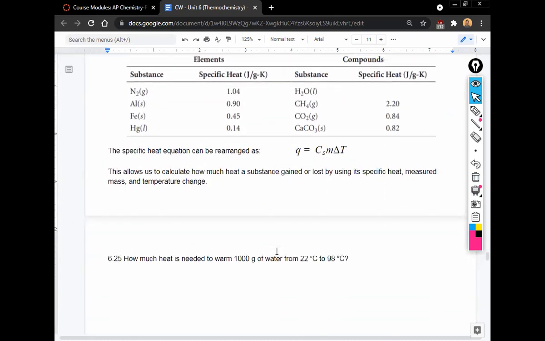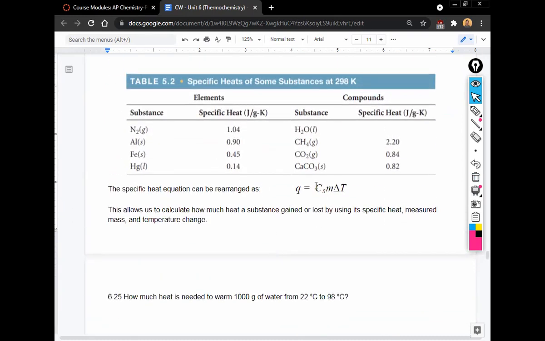So here we have a table, and it tells you the specific heat of some different chemicals. Nitrogen gas, 1.04, aluminum is 0.9, iron is 0.45, and we just found water, right? We said that water is 4.18. So by looking at this table, which one of these compounds takes the most energy to heat up?